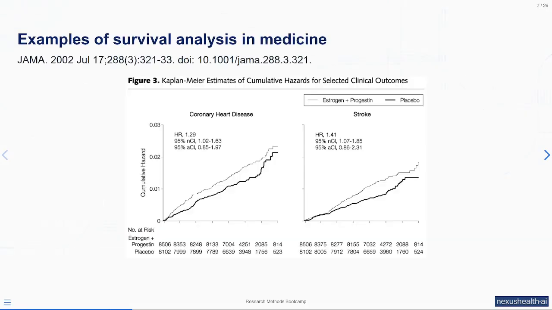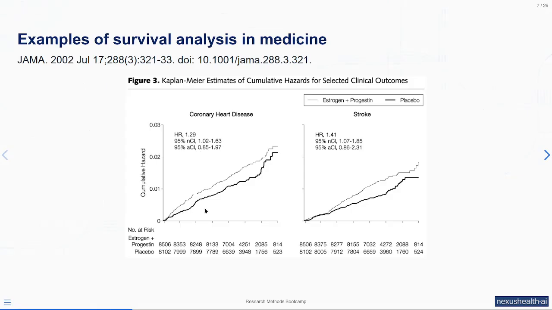So examples of survival analysis in medicine. We've come across plots like this, and this example is from a published biomedical journal, JAMA, Journal of the American Medical Association, and so we see these Kaplan-Meier estimates of cumulative hazards of selected clinical outcomes, and this is comparing two groups, one group on estrogen plus progestin, another group on placebo, and basically comparing outcomes, coronary heart disease and stroke, and then we can see here is the hazard ratio, the confidence intervals, and so on.